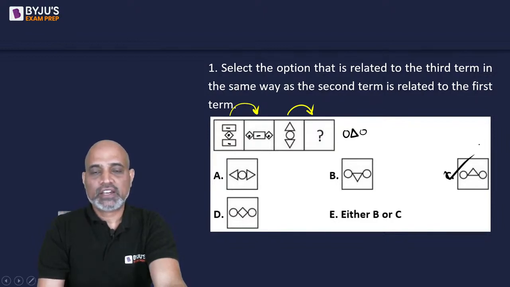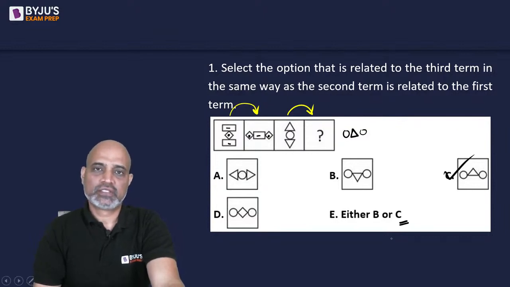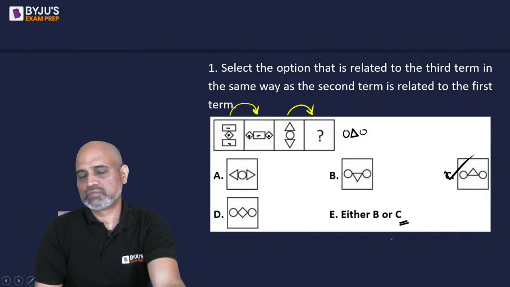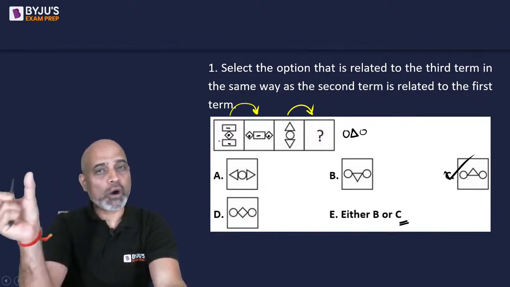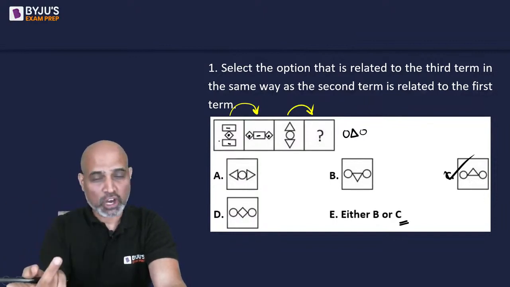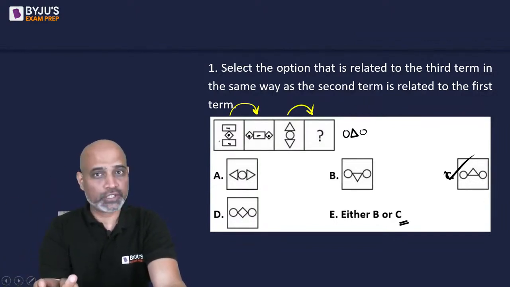Right? But please do check the other one. I mean, there is an option which says either B or C. Why would they say either B or C? The thing is, because we have the rectangles and the vertical squares, whether they are simply copy pasted or whether they are inverted and copy pasted, that is very difficult to figure out.